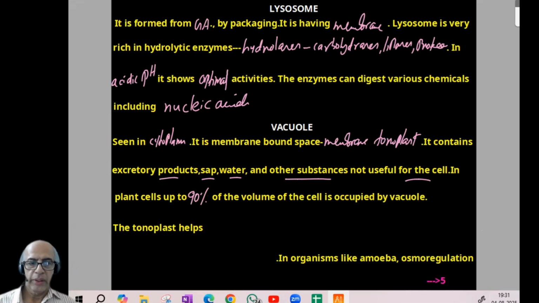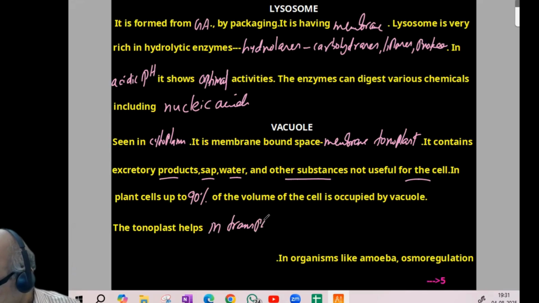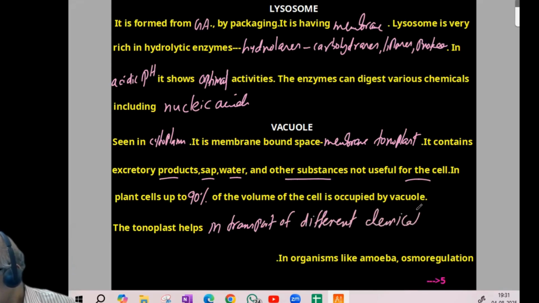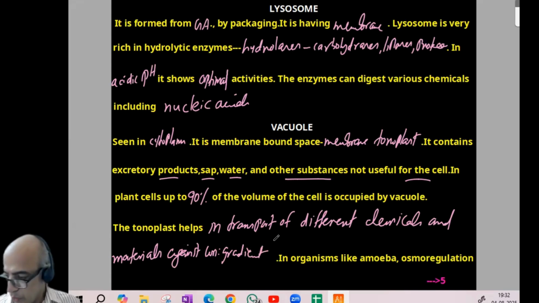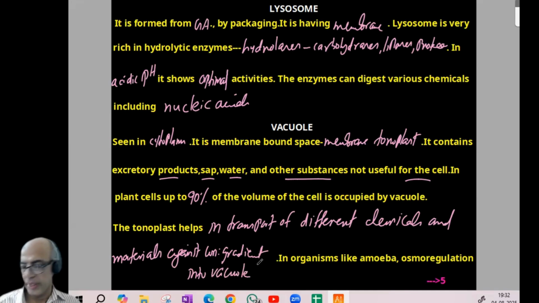The tonoplast helps in transport of different chemicals and materials against concentration gradient into the vacuole.